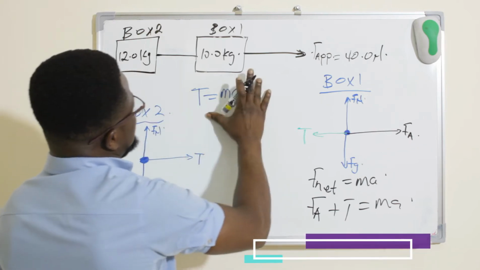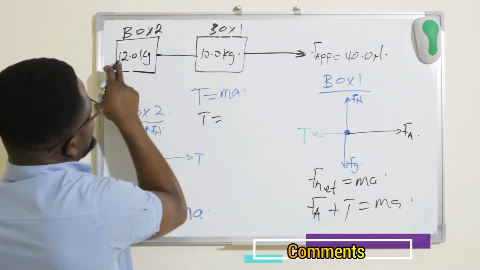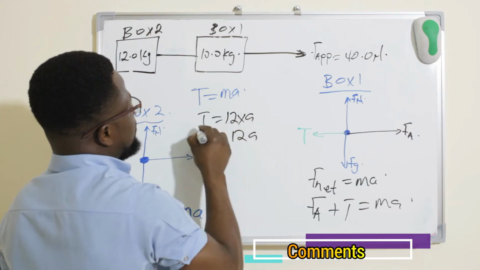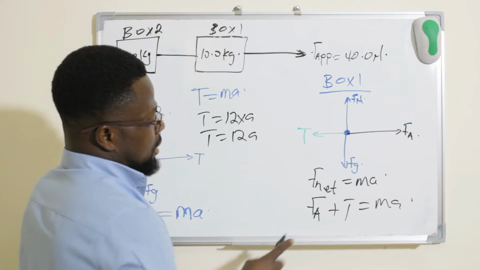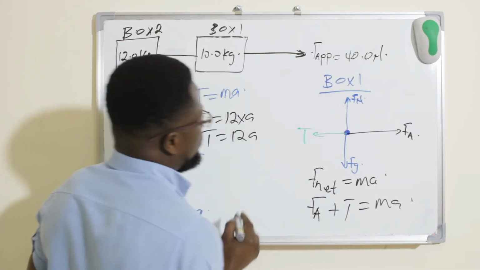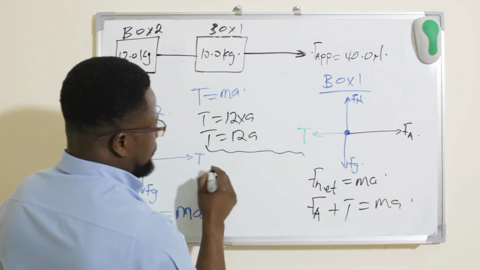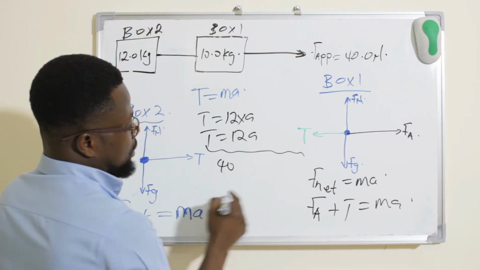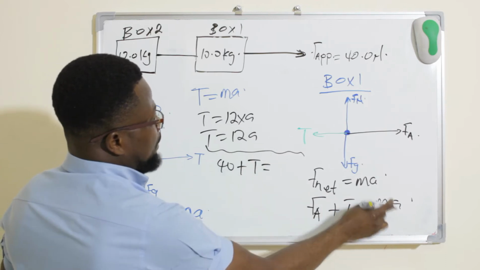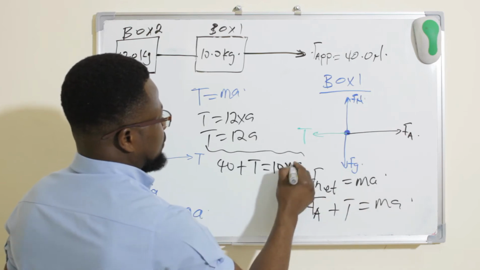I can easily just put the values. T is equal to, here the mass is 12 kg, so 12 multiplied by A, that will become 12A for the tension there. Here we were given the applied force, which is 40. So we have 40 plus the tension, which is not known, but we know the mass, which is 10 kg, multiplied by the acceleration.